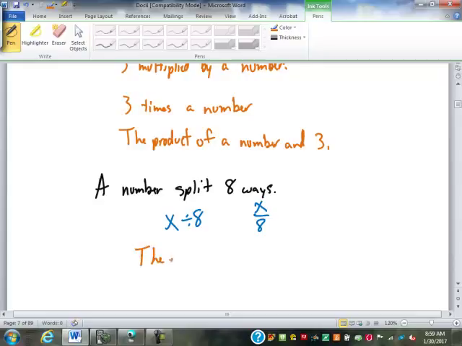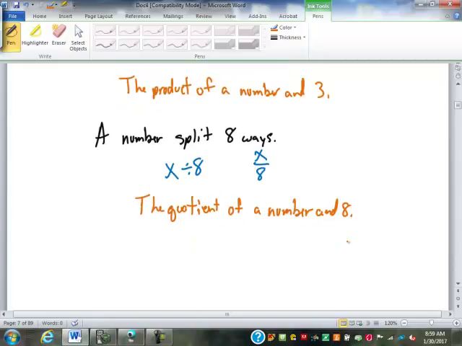Perfect. Quotient is a result of a division problem. The quotient of a number and 8. Any others? I'll state the obvious one. A number divided by 8.